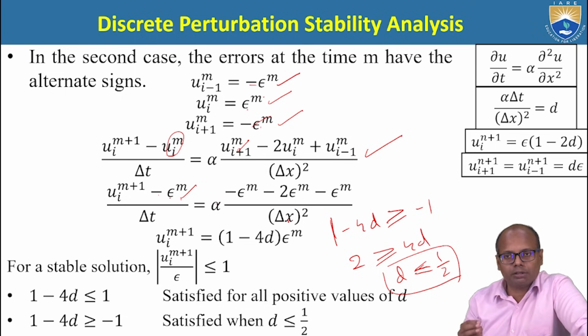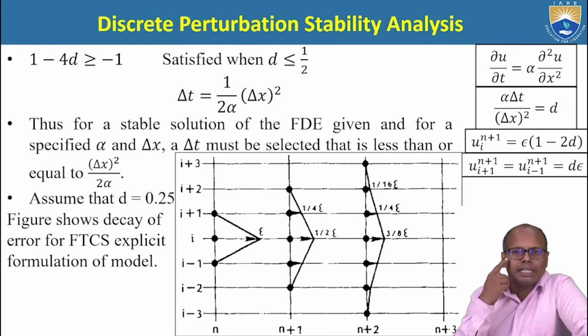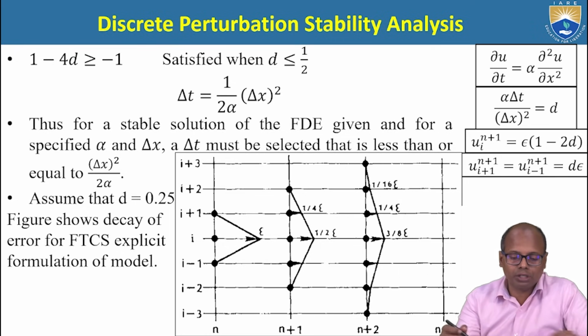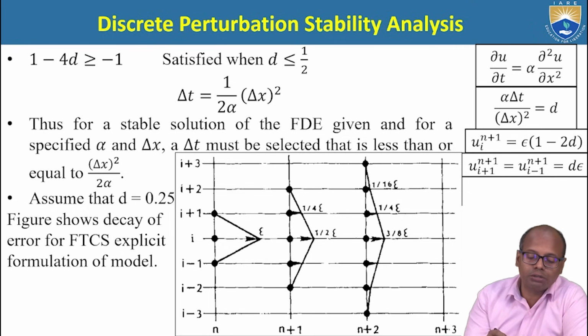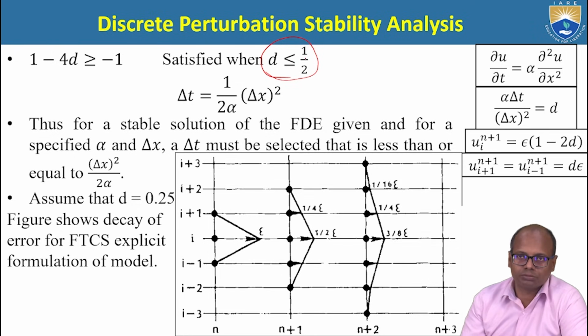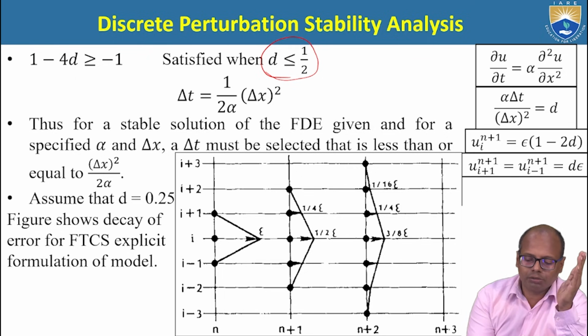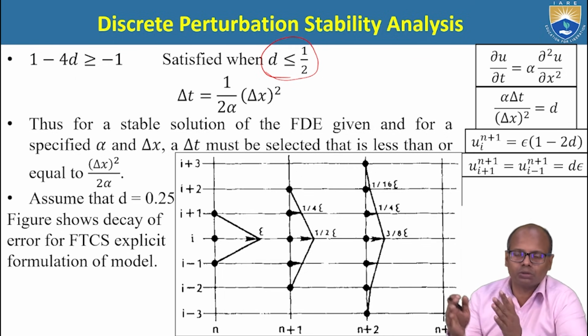Now we will take some particular values and see how it behaves. What we got is that the solution will be stable when d is less than or equal to half. We have taken a disturbance, and it is growing.